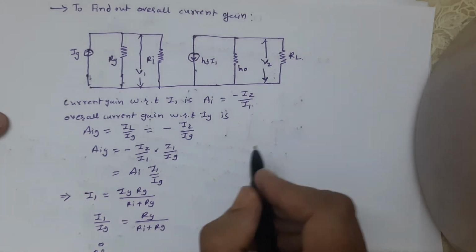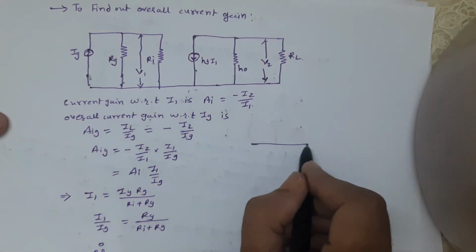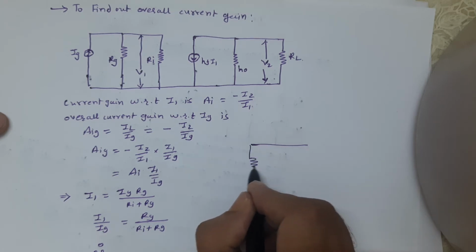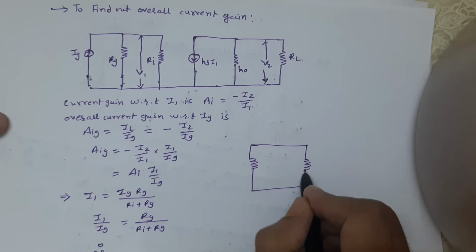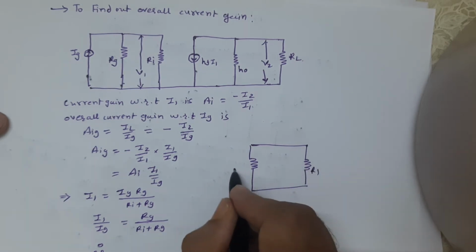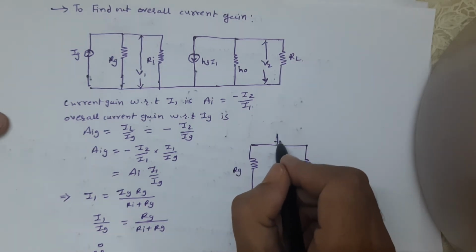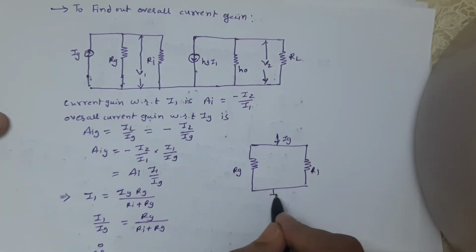Therefore, here we take this circuit also. Rg, this is your Ri, Rg, and the current Ig.